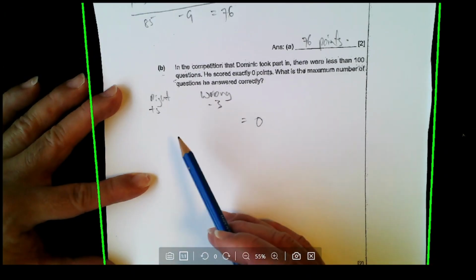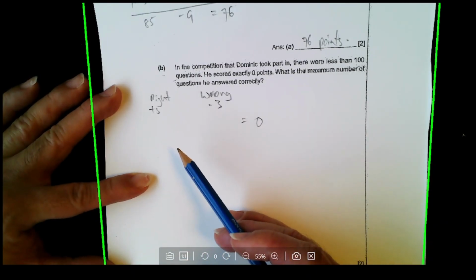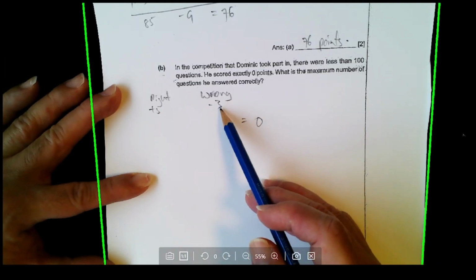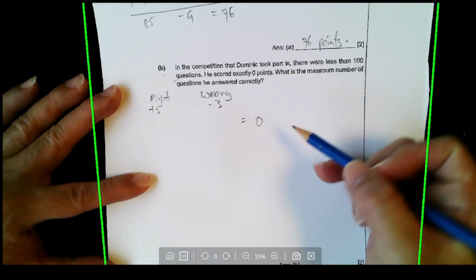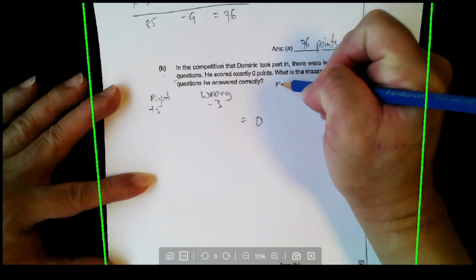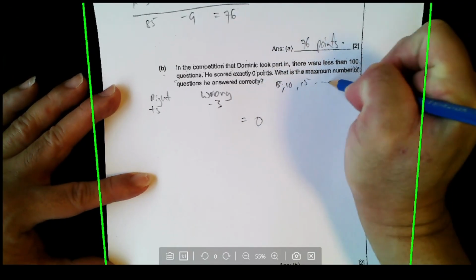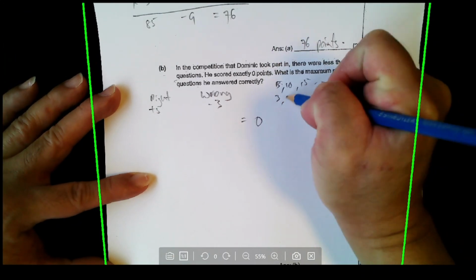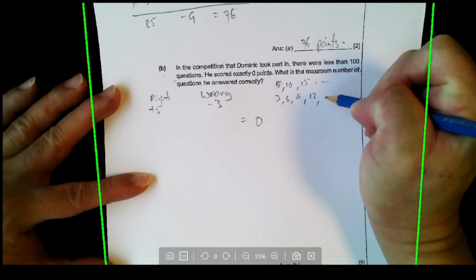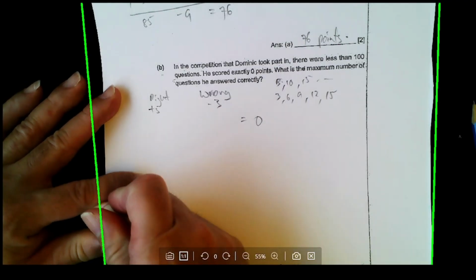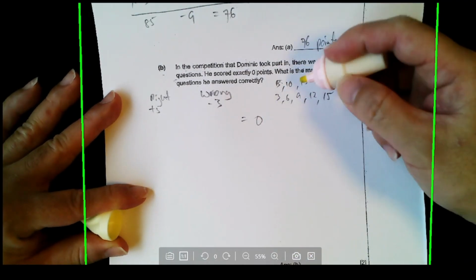Okay, so it's a question of multiples. What is the common multiple of 5 and 3? You do your multiples of 5: 5, 10, 15. Multiples of 3: 3, 6, 9, 12, 15. 15 is a common multiple of 5 and 3.